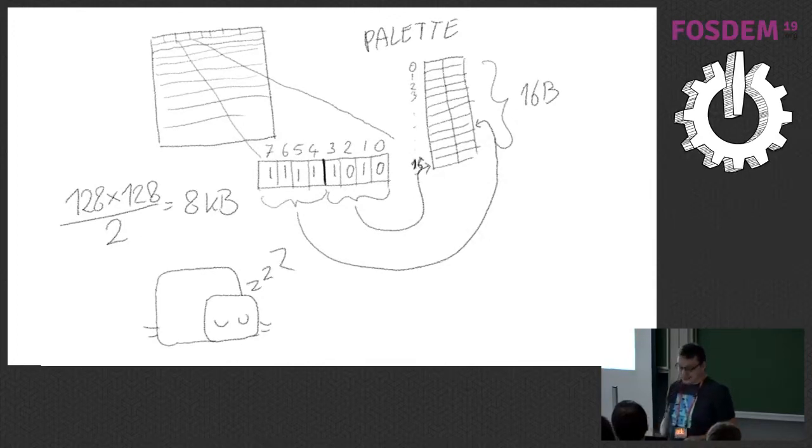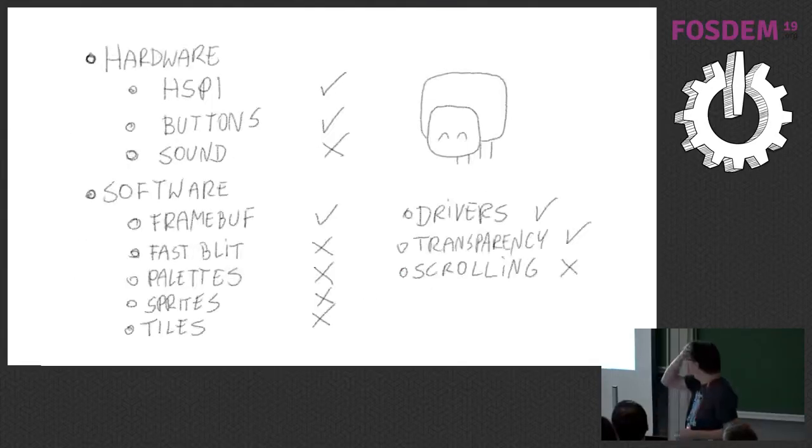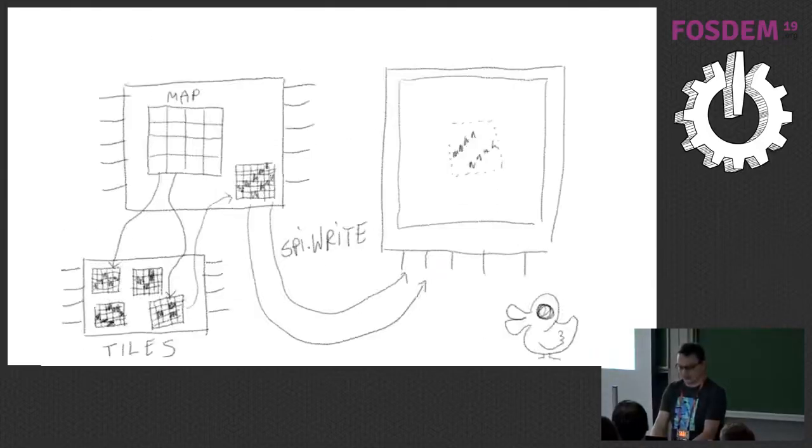The problem is the MicroPython framebuffer module that we have here doesn't have support for that. It also doesn't have support for transparency, which will become important for us in a moment.